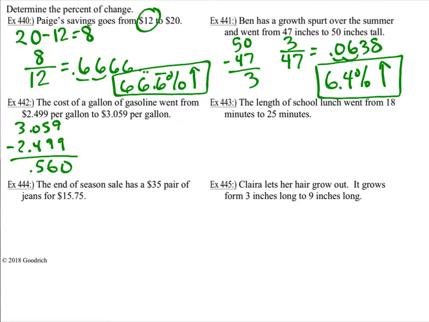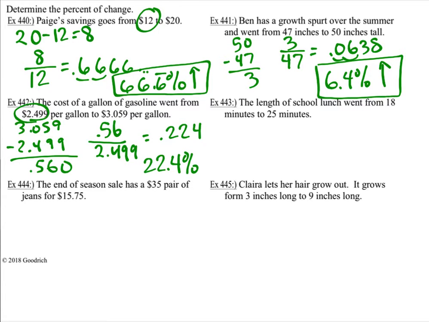So 3.059 minus 2.499 is 0.56. So it did change 56 cents. And you divide that by the original. The original is what it started at, 2.499. And 0.56 divided by 2.499 gives me 0.224. It does go beyond that, but that's just rounding going on. That's 22.4%. It did go up, so it's a 22.4% increase in price.